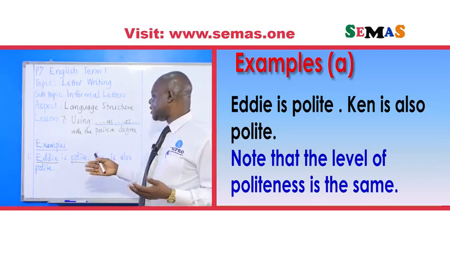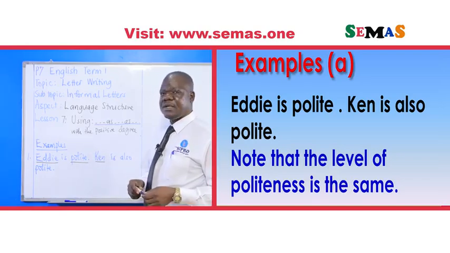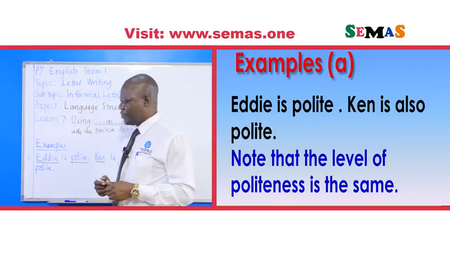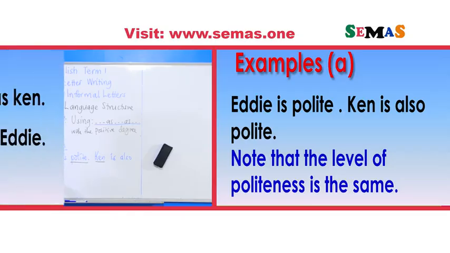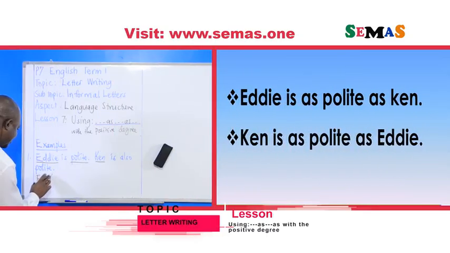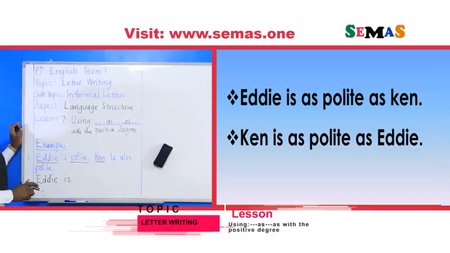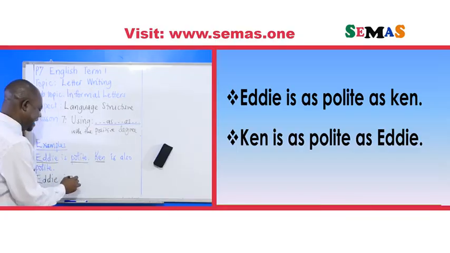So, when you begin your answer, pick any of the names. Pick either of the names at random. You can say Eddie, is, then you bring the first word from the comparison. Is as.